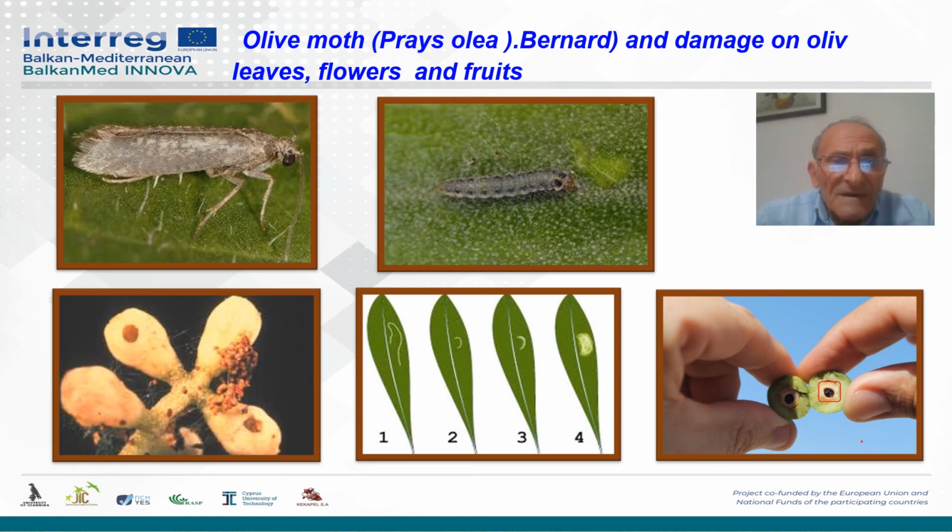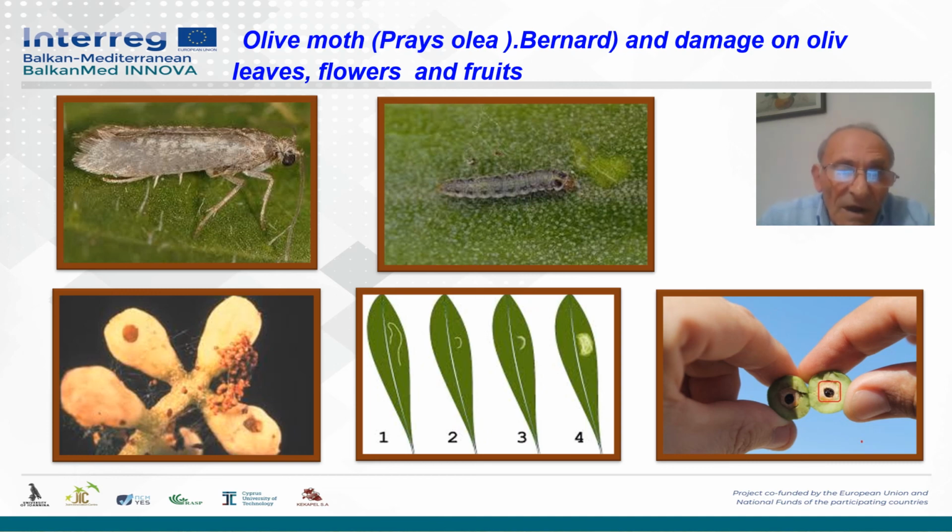Another very dangerous insect in olive groves is the olive moth, Prays oleae. We see here the adult, the damage in the buds. We see the larvae on the leaves. We see here again the symptoms in the leaves and in the fruits.